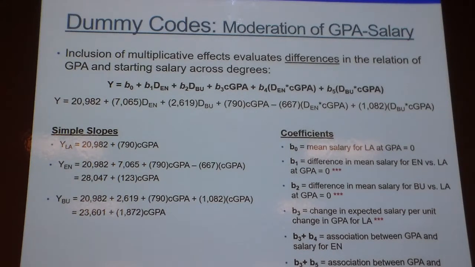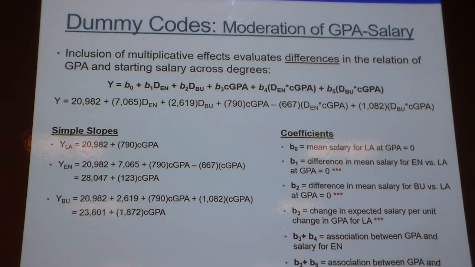B3 plus B4 is association between GPA and salary for engineers, right? So here, B3, the GPA, and B4 engineers a 1, so then that just reduces down to B4 times this coefficient. We get our simple slope for engineer, same thing, 1 here, 1 here, we just get 790 GPA, 1082 GPA, add those together, that ends up being our simple slopes there.